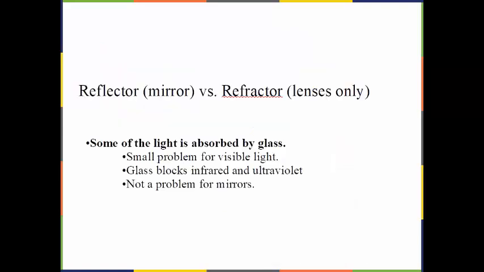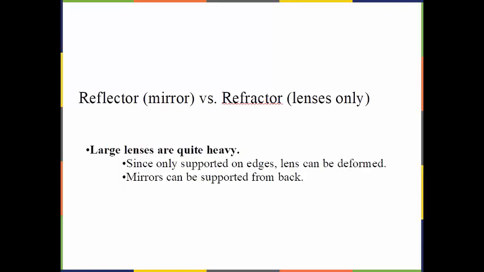Another problem with refractor telescopes, they use lenses only, is that some light is absorbed by the glass. This is a small problem, but it's not a problem if you have a reflector telescope. Also, large lenses are quite heavy.